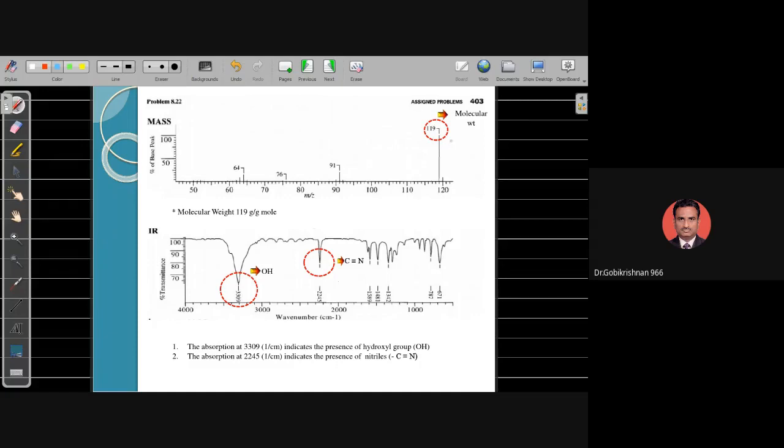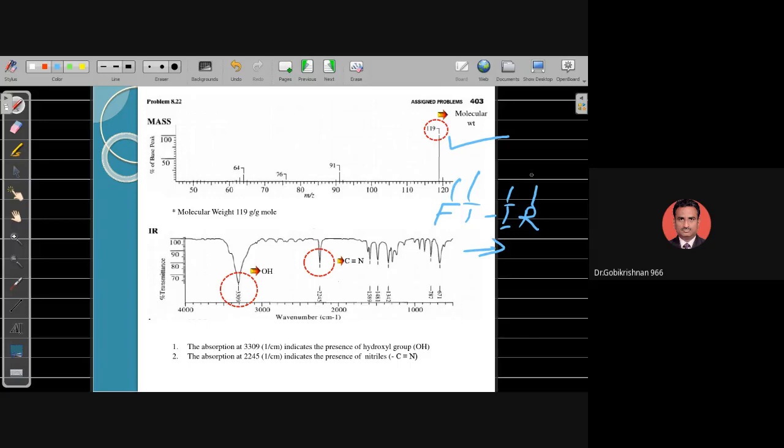Therefore, from the first one, I can understand the molecular weight of the compound is 119. Then the second picture at the bottom is the FTIR, the Fourier transform infrared spectroscopy.